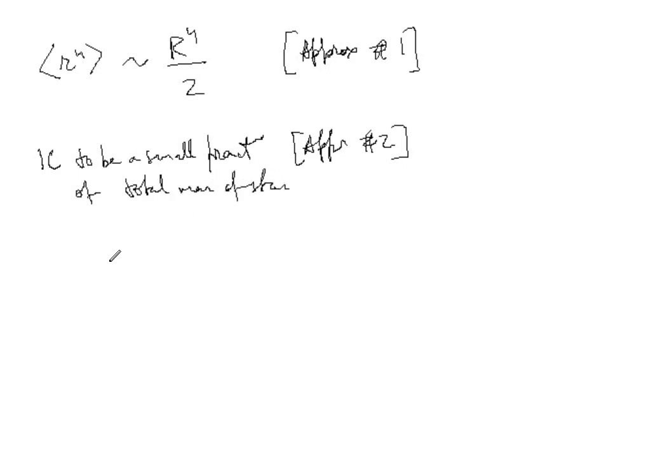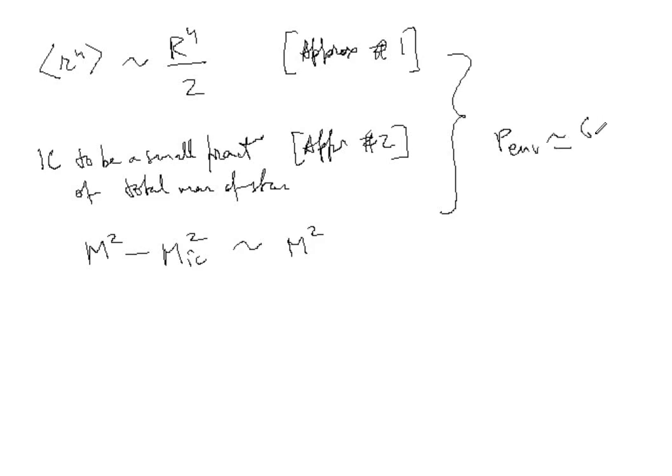Okay, so this means that I can write M square minus MIC square is of the order of M square. So if I do these two approximations, then you will see we will get P envelope is of the order of G by 4 pi into M square by r to the power 4.